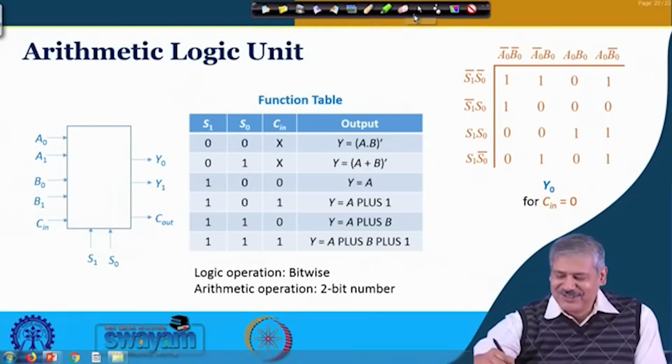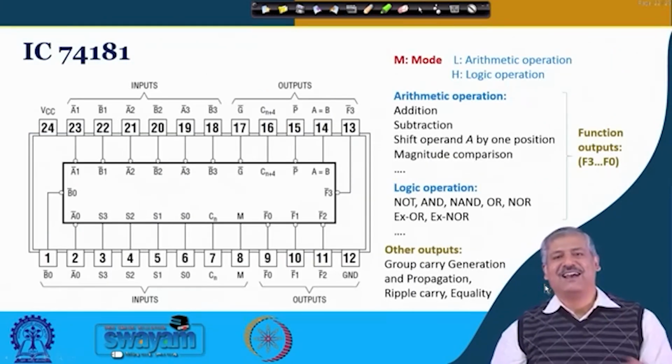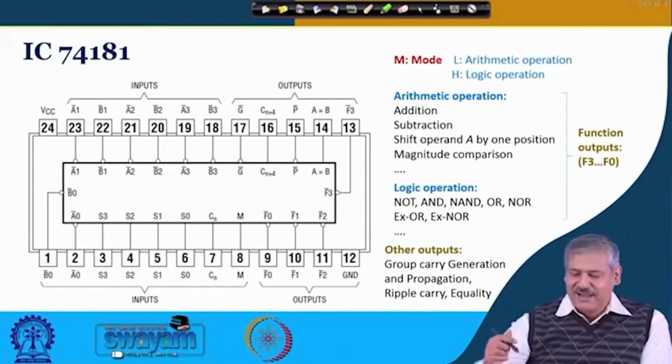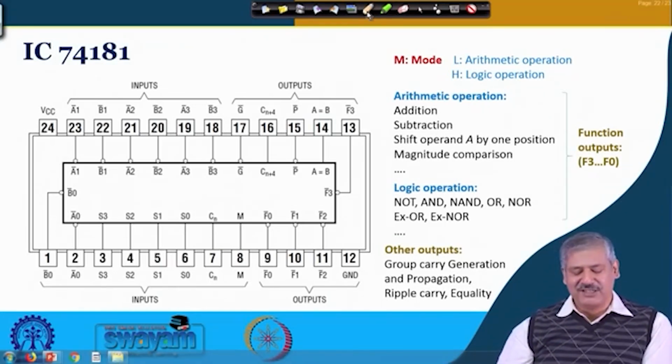Now, we go to the actual arithmetic logic unit IC that you might use in the lab. This is IC 74181. You can see it is a 24-pin IC, and this is a 4-bit arithmetic logic unit.